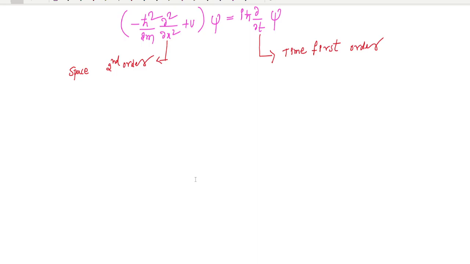So space and time coordinate both should be first order. So Klein and Gordon worked on the first point, trying to use a relativistic Hamiltonian for a particle in place of the non-relativistic case. Then they got one equation. So let's go and discuss that equation first.